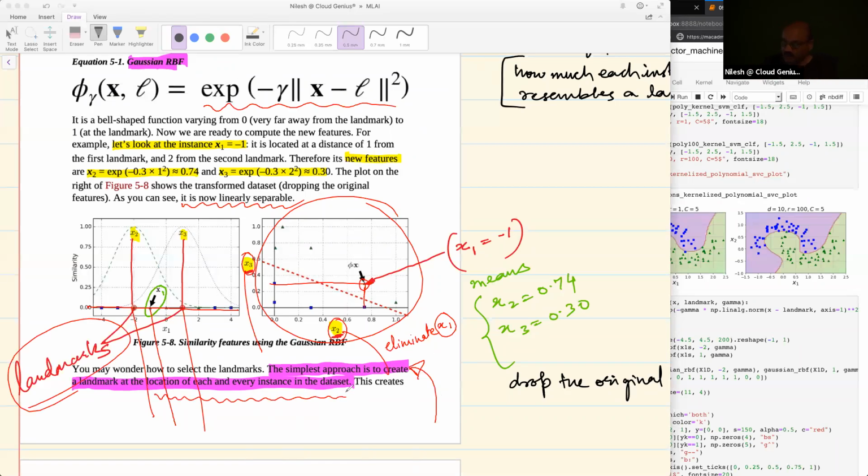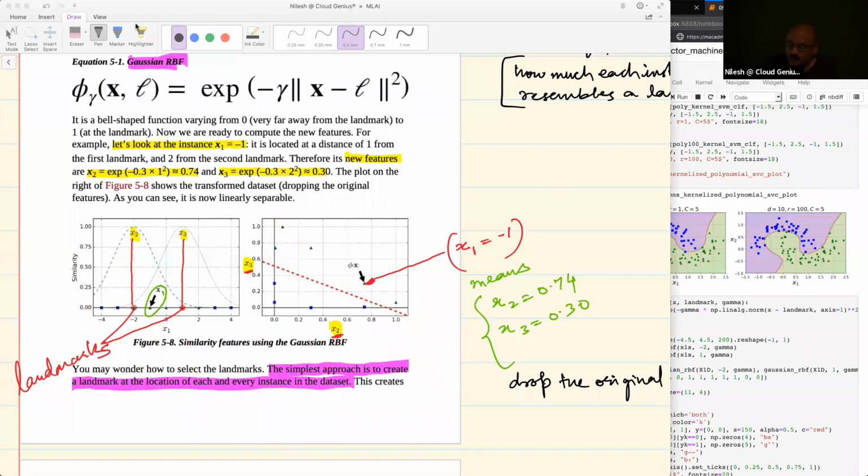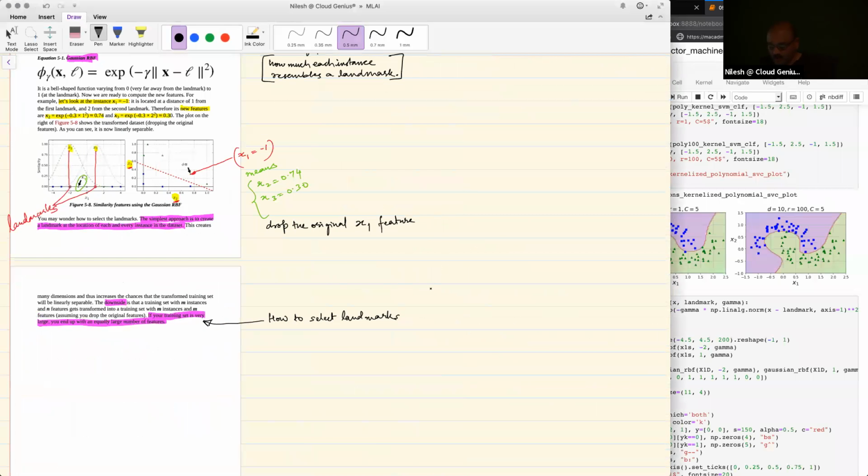Now let's proceed further, and I will clear this screen and adjust the width of my book a little bit.